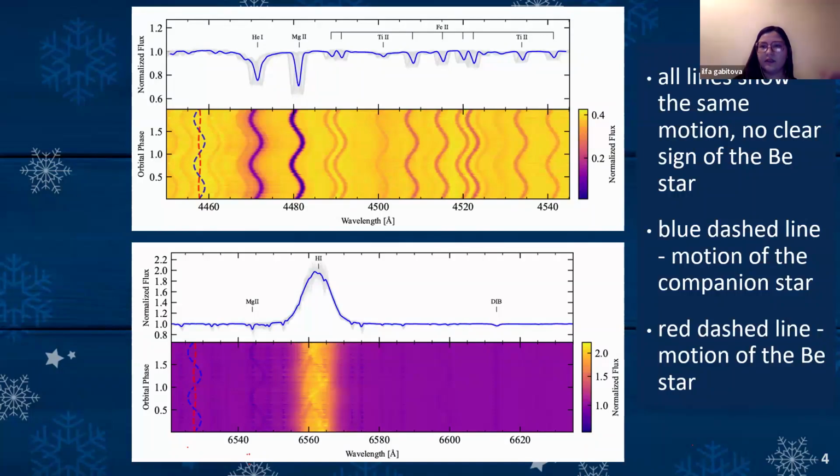So the RUWE, the error parameter of Gaia, was marginal, right on the border where you can doubt it. And in the paper, we ran models with both distances to compare. The Gaia distance consistently shows higher chi-squared. So I think it's safe to assume that the dynamical distance is more trusted here. Okay.